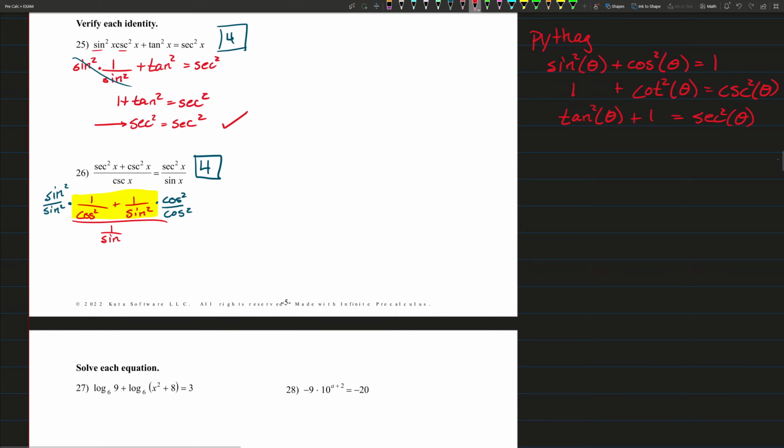And when we do that, we would get sine squared over sine squared cosine squared plus cosine squared over sine squared cosine squared, all over 1 over sine.